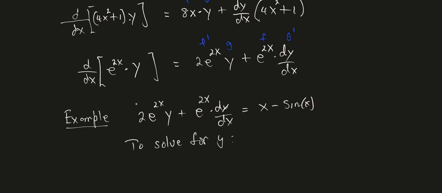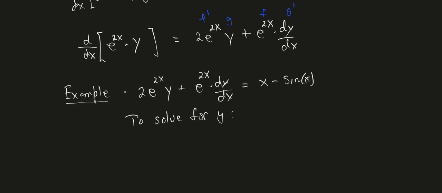what we would like to do is, you see, the fact that you have a y here and a dy dx here in separate terms makes it difficult. But because of the pattern that we see here, in that this left-hand side can be written as the derivative of this product, let's do that.